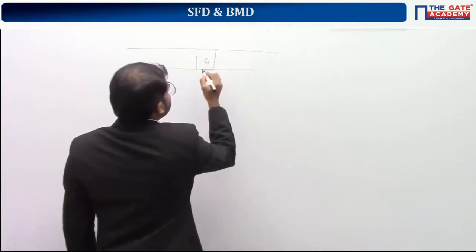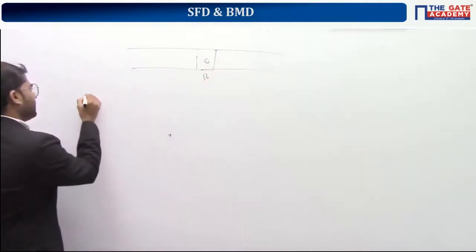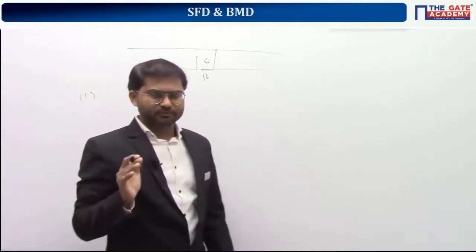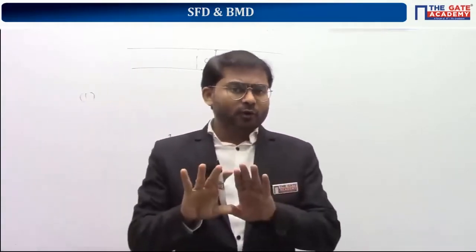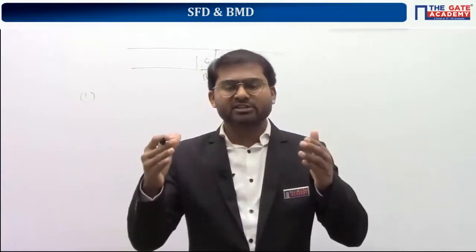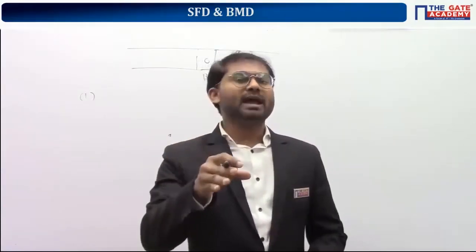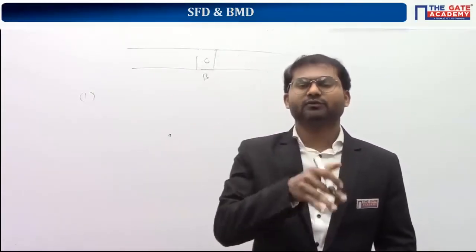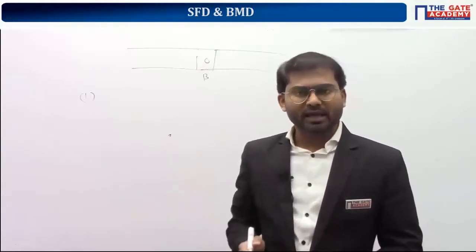Let's assume this point is B. First thing is, you neglect all the longitudinal forces, because longitudinal forces will not cause bending, so they will not cause any effect regarding the bending moment diagram or shear force diagram. If bending happens due to any load, then only the effect in the shear force or bending moment diagram will happen.